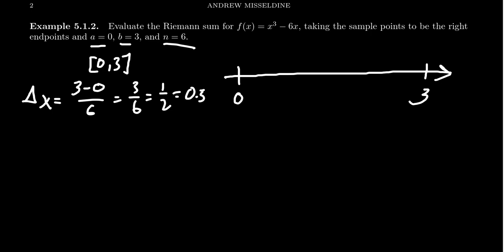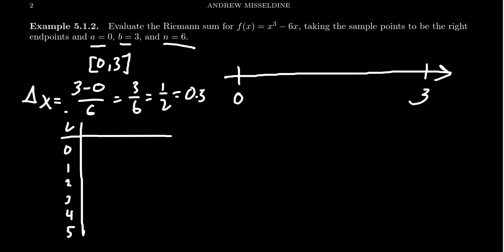And so I'm going to build a table using this information right here. So if we keep track of which point we are along the line, i here, you're going to get 0, 1, 2, 3, 4, 5, and 6. And so what is the xi at this point? Well, xi, you're just going to start at 0 because that's the a value, right?